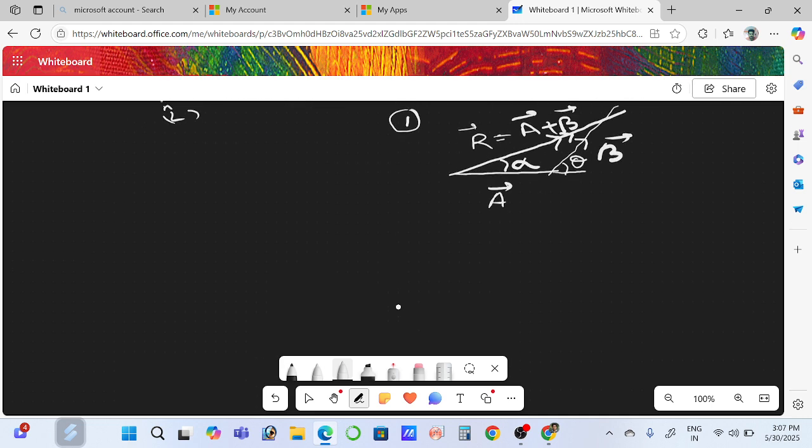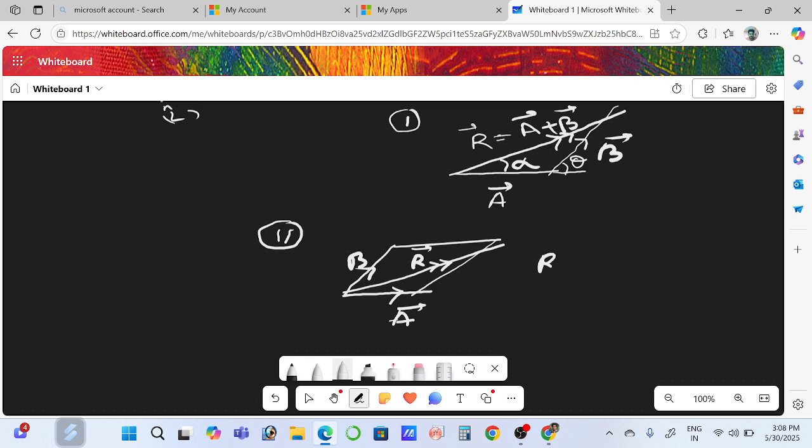Now we have another law, which is the parallelogram law. That means if you have a parallelogram and if two vectors are represented by the corresponding sides of this parallelogram, then the diagonal of this parallelogram represents the resultant of the two vectors.